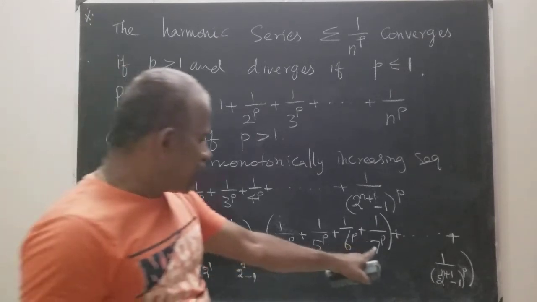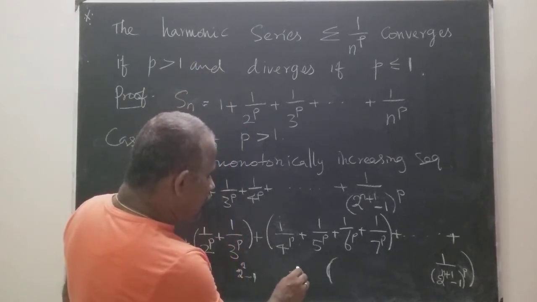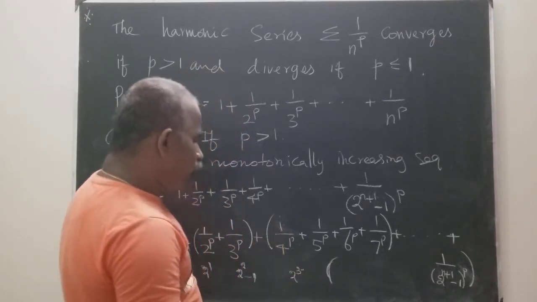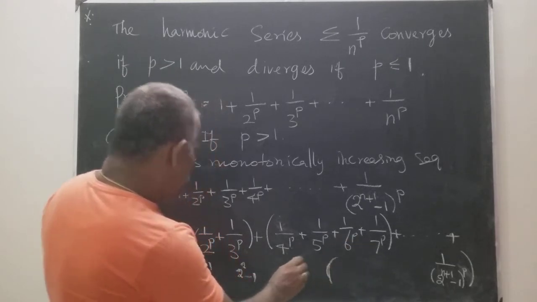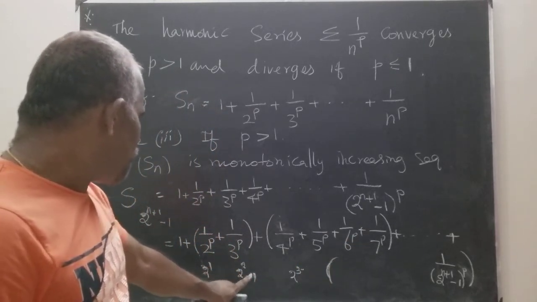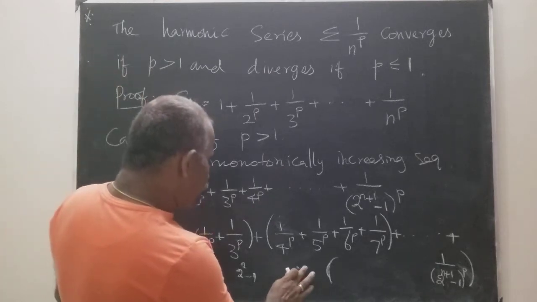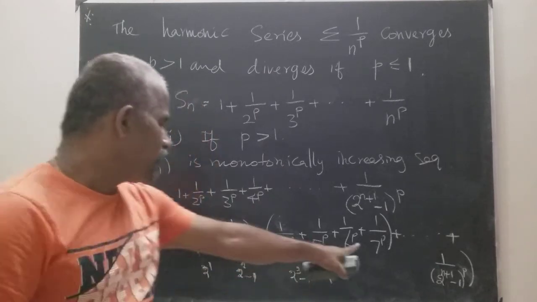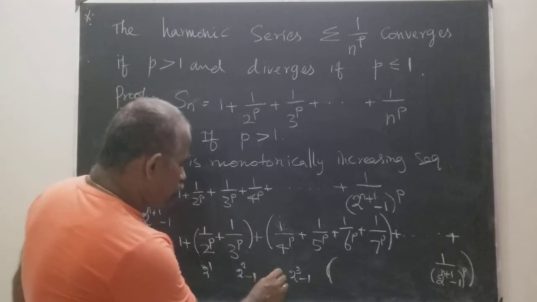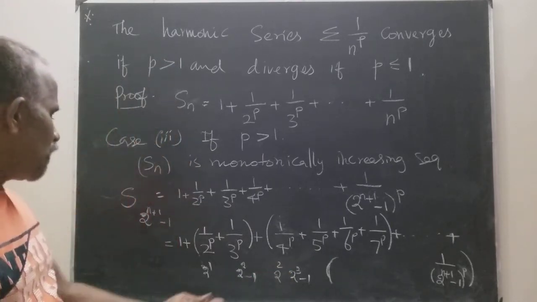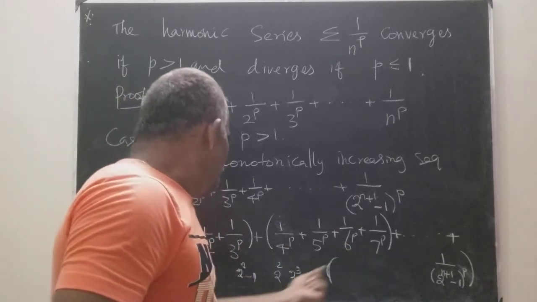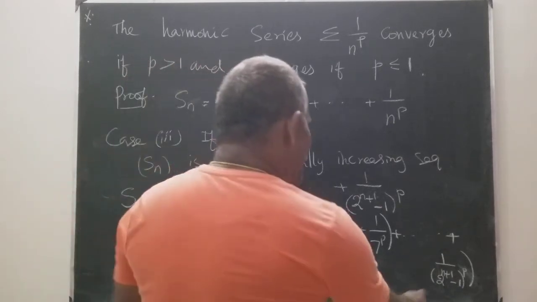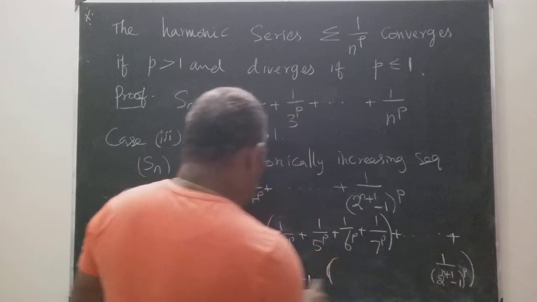Similarly here, 2 power 3 minus 1 is 7, and here is 2 power 2. Therefore, here is 2 power n plus 1 minus 1.